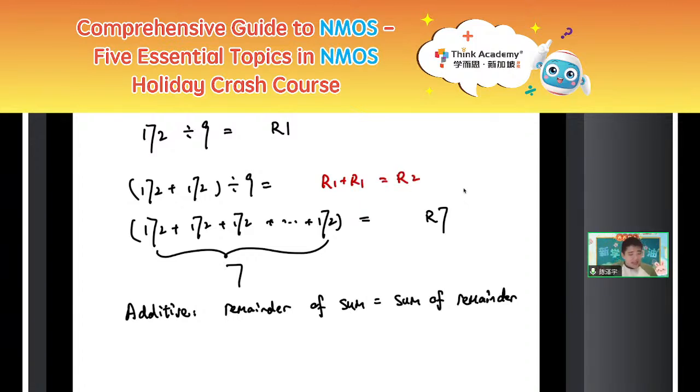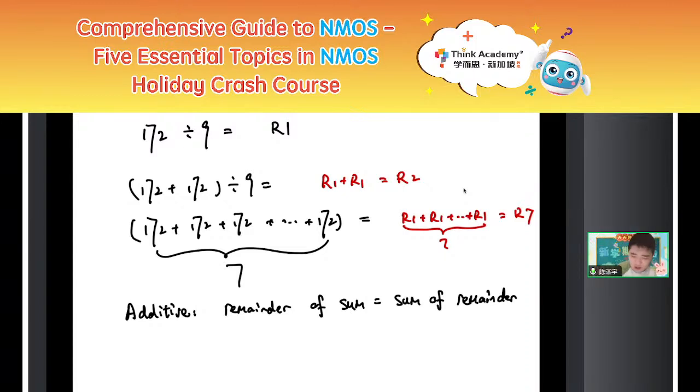This is called the additive property. Now, same here, 7 172s added together, I can write it as R1 plus R1 plus, 7 times together, and I'll get R7. All right. So this is the first remainder property.